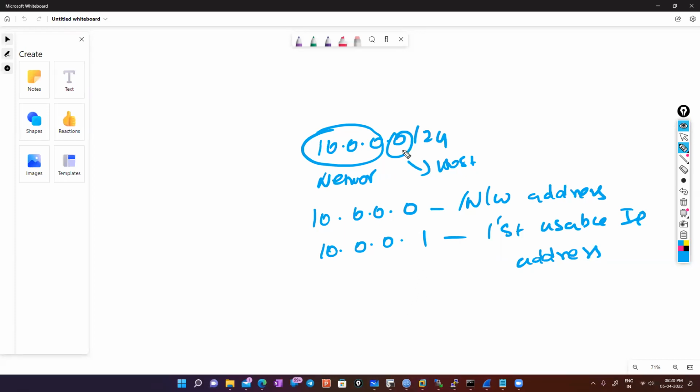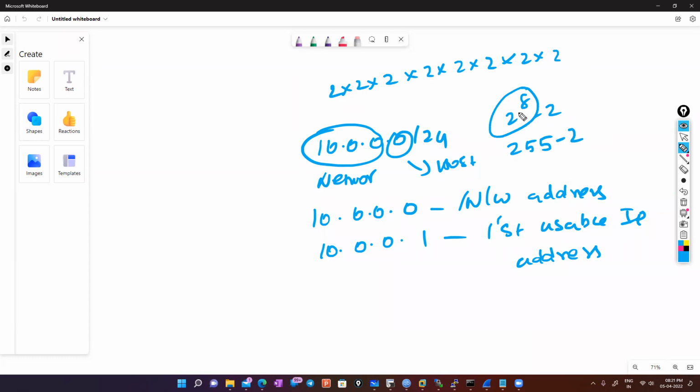So what is my last address? Since I know 2 to the power of 8 minus 2, what is the value we get here? 2 into 2 into 2 into 2 into 2 into 2, 1, 2, 3, 4, 5, 6, 7, 8. So it comes to 255, minus 2 for the two reserved addresses. All 8 bits of the octet are completely occupied. So let me write down the last address here, dot 255.